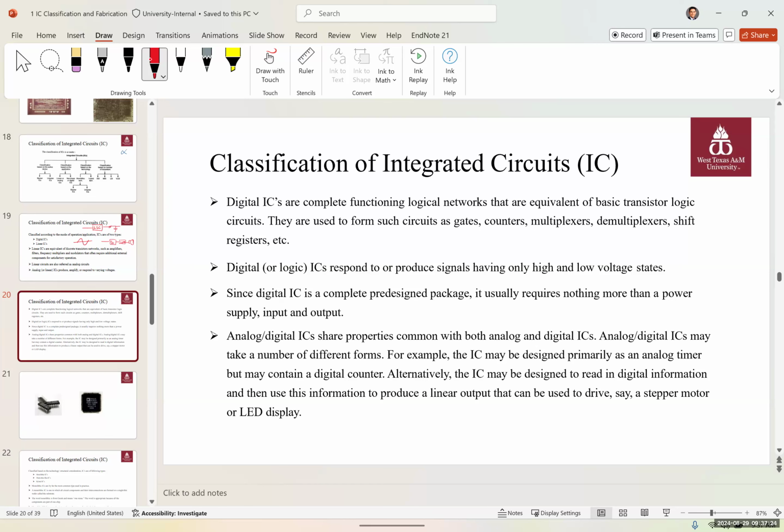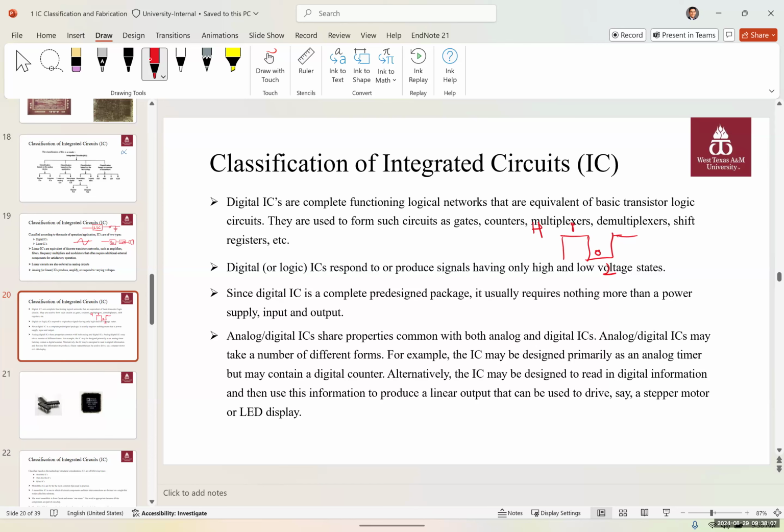The output of an analog IC, as I mentioned, is continuous. It could get different values. The output of a digital IC, usually it's the logic of 1 or high and logic of 0. So we usually have two states, high and low, or on and off, and 1 and 0. So that's the reason we call them digital, that it shows a certain digit.